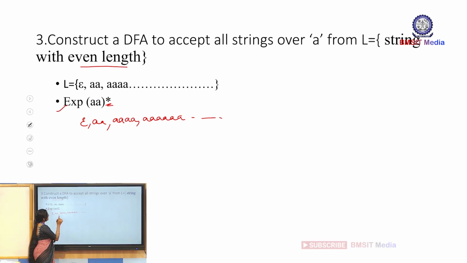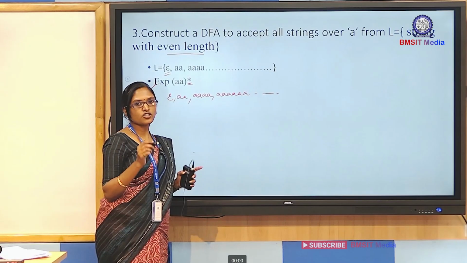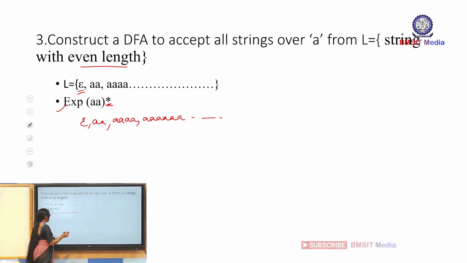So to draw the DFA for this, the first thing is you can see that the machine should accept epsilon. So start with the notation that is used to accept an empty string, which is Q0. So when I write this, the DFA will be accepting epsilon. Now the next thing is, it has to accept AA.